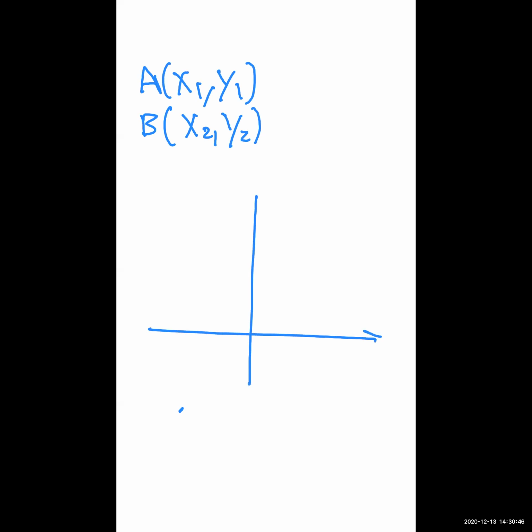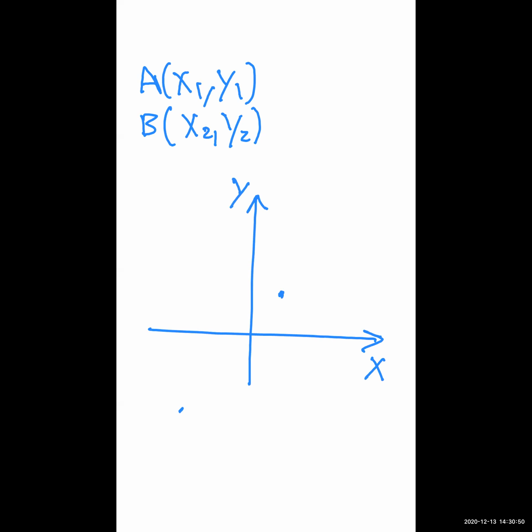Okay, guys, again, we are going to start lesson 2 on unit 5, which is about the coordinates of the midpoint of a line segment. So if there is one point A, whose coordinates are x1 and y1, and the point B, whose coordinates are x2 and y2, on the xy plane it will be like this, x and y.